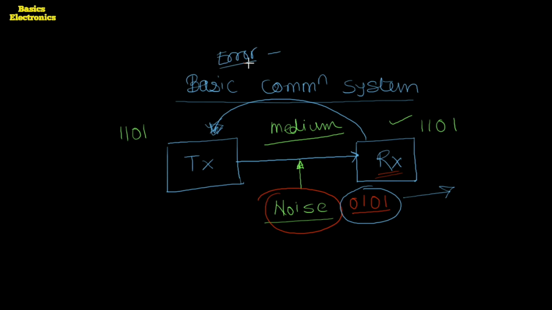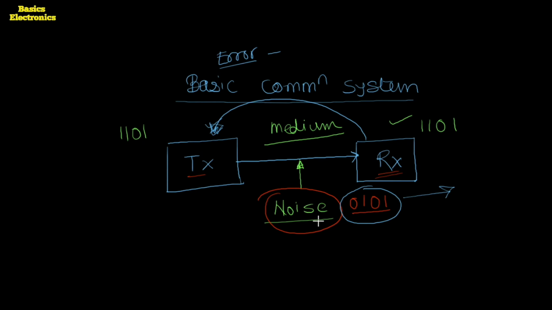So this is the basic communication system in which a transmitter is available, and then a receiver. We transmit the data through the medium, but at this medium the noise is available, and due to the noise the data bits may be lost.